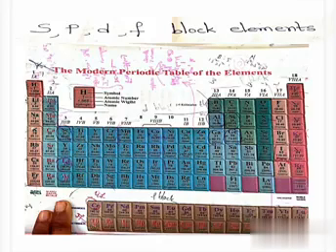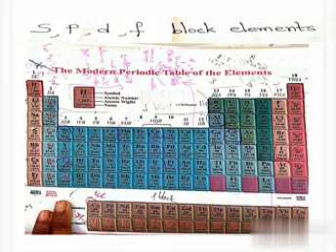Next, fluorine has atomic number 9. Its electronic configuration is 1s2, 2s2, 2p5. The last electron enters the p orbital, that's why it is a p block element.